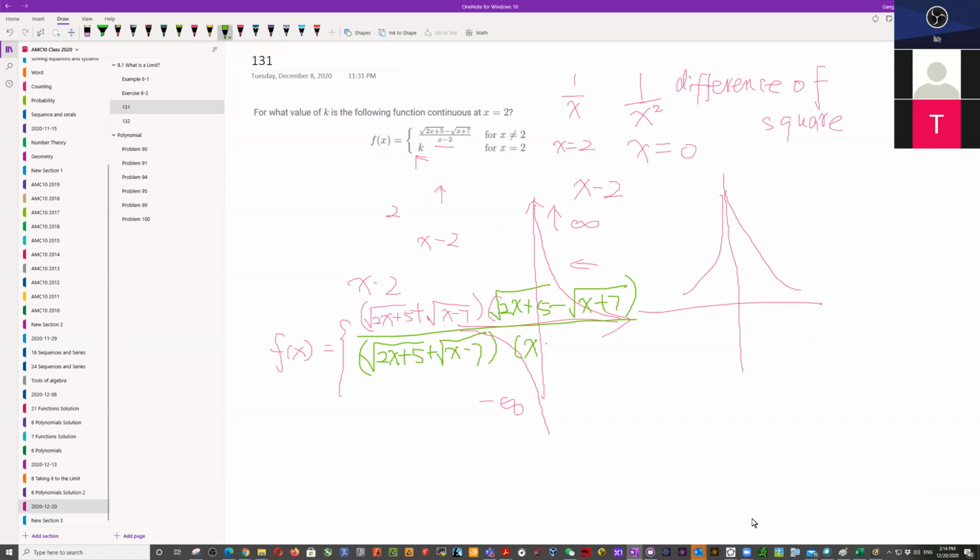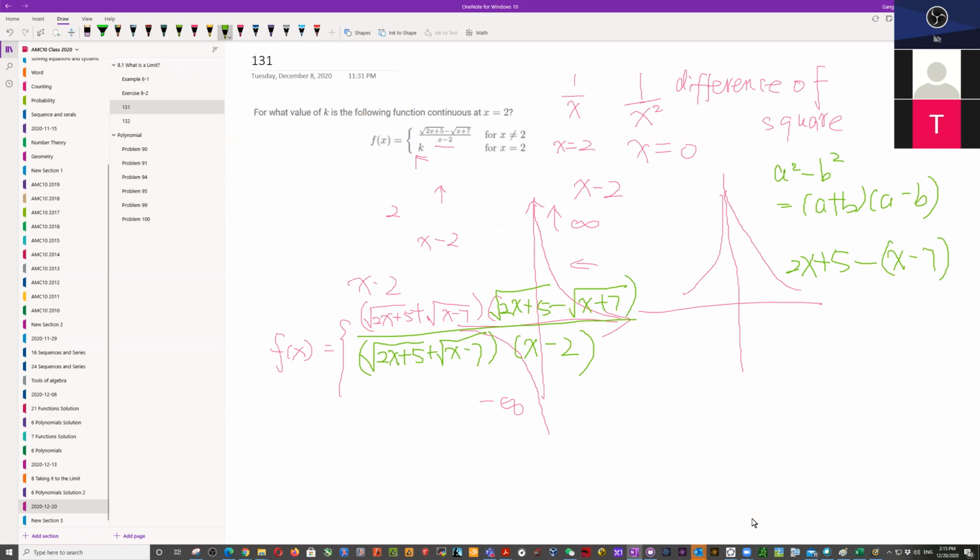And this is x minus 2. Here on the top, because of the difference of squares, a square minus b square equals a plus b multiplied by a minus b. Then you will see that it's actually equal to 2x plus 5 minus x plus 7.